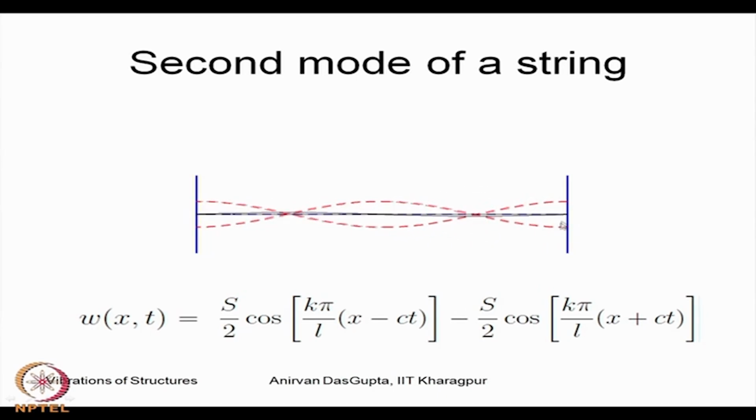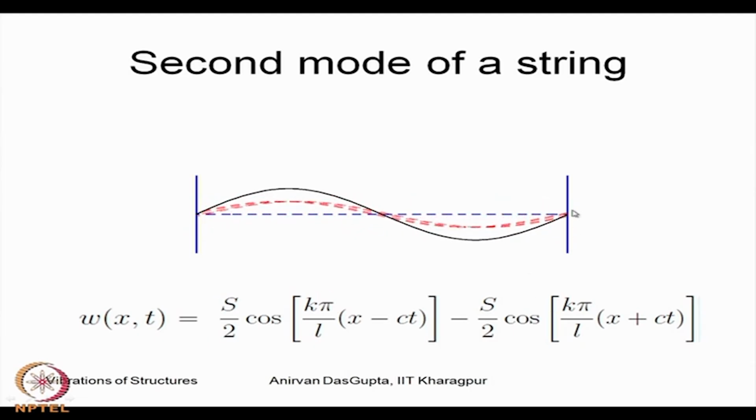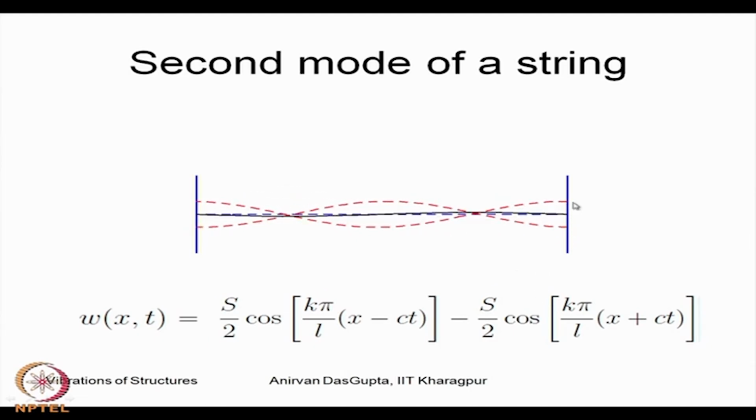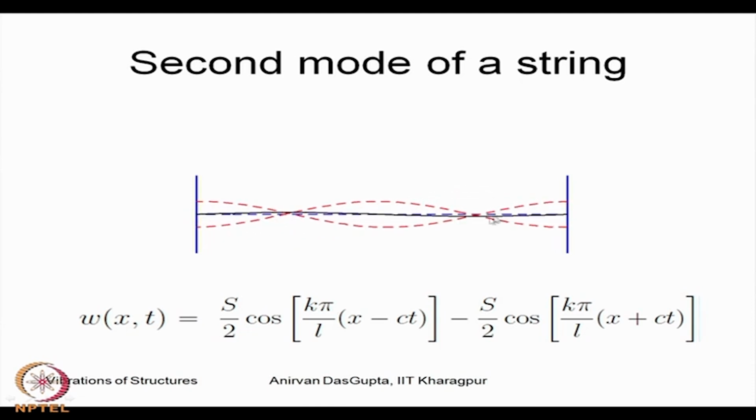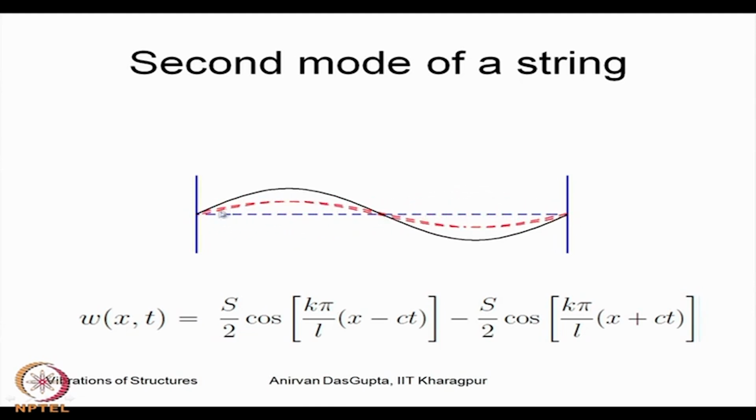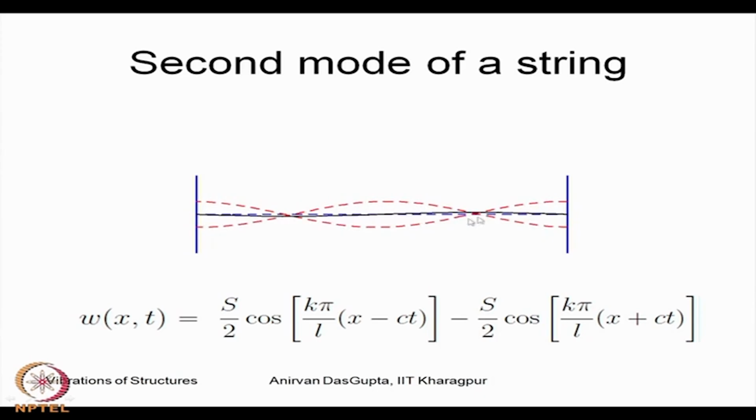Now, these two waves do not satisfy the boundary conditions as you can see, but their superposition does. So, the superposition is shown in black.